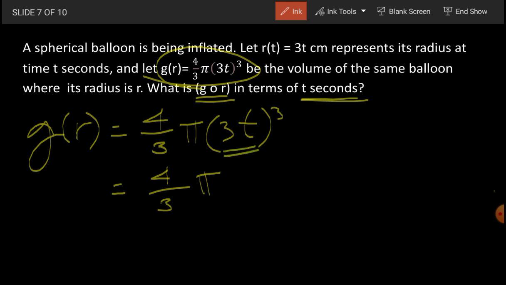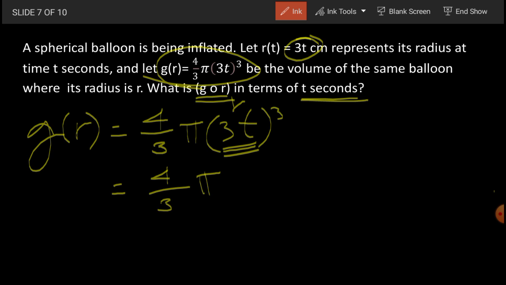This 3t here is already the r from the function 3t, so we do not need to represent this with r anymore, it is already represented by 3t.